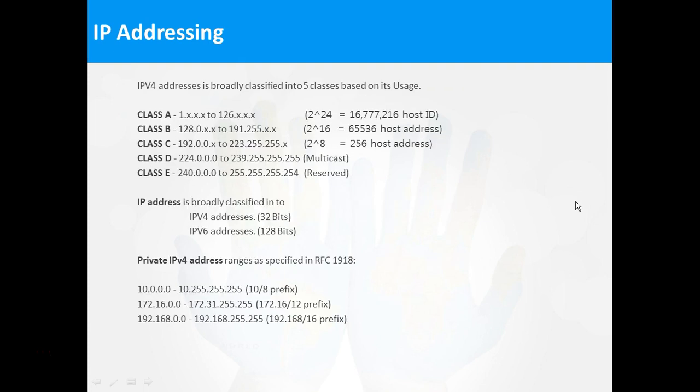These IP addresses are classified into 5 classes based on usage. That is class A, class B, class C, class D and E. You can see the number of IP addresses available in class A is around 16 million. The number of IP addresses available in class B is around 65,000.